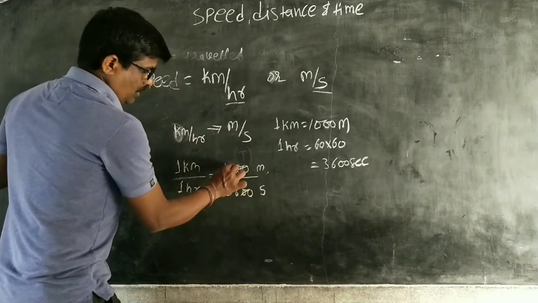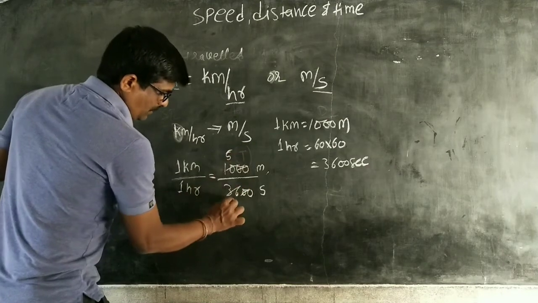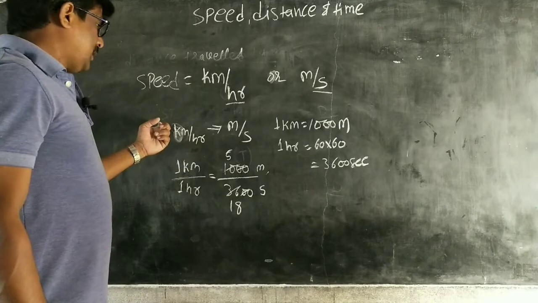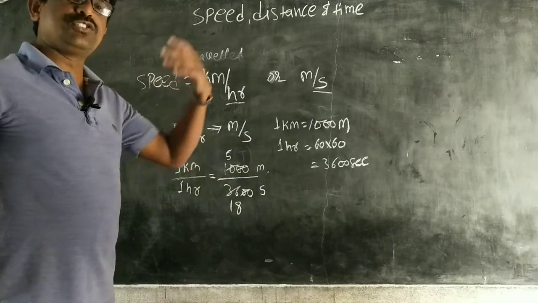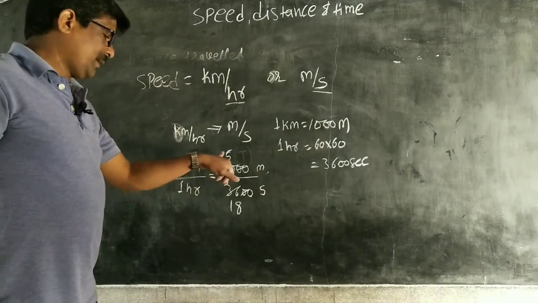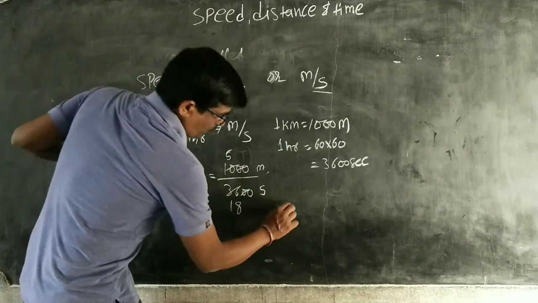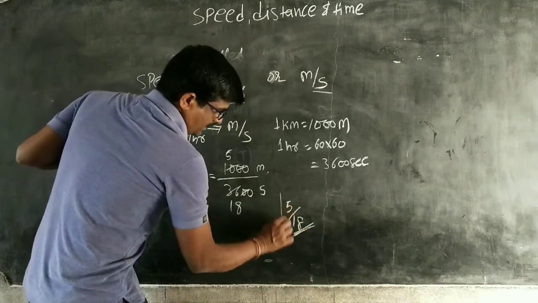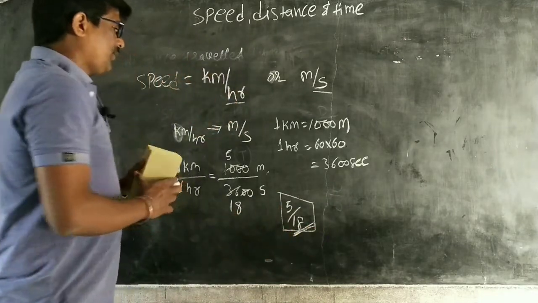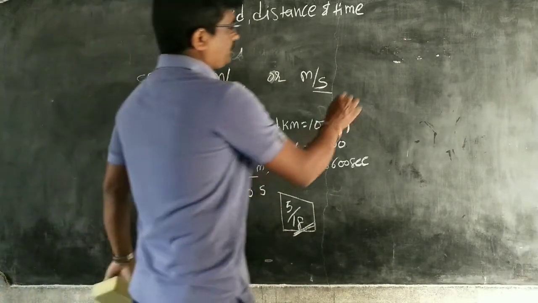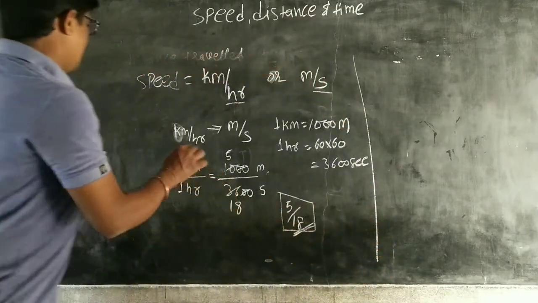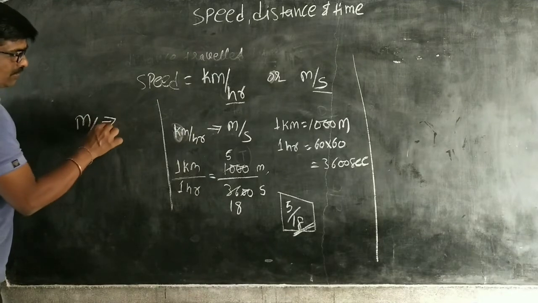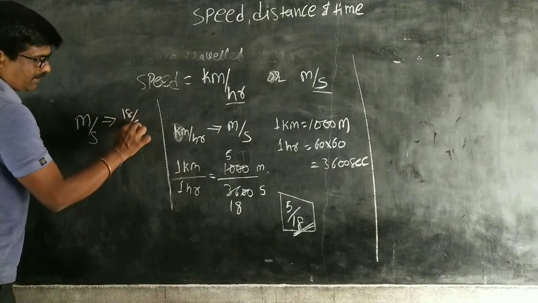Cancelling the zeros, 1000 by 3600 becomes 5 by 18. So whenever we change kilometers per hour to meters per second, we multiply with 5 by 18. Similarly, if we change meters per second into kilometers per hour, we multiply with 18 by 5. So kilometers per hour to meters per second, multiply with 5 by 18, and meters per second to kilometers per hour, multiply with 18 by 5.